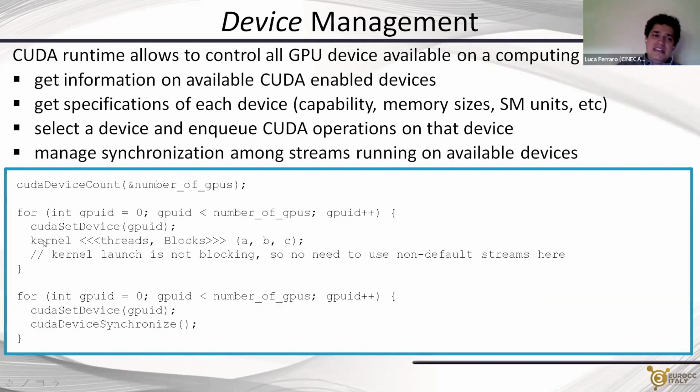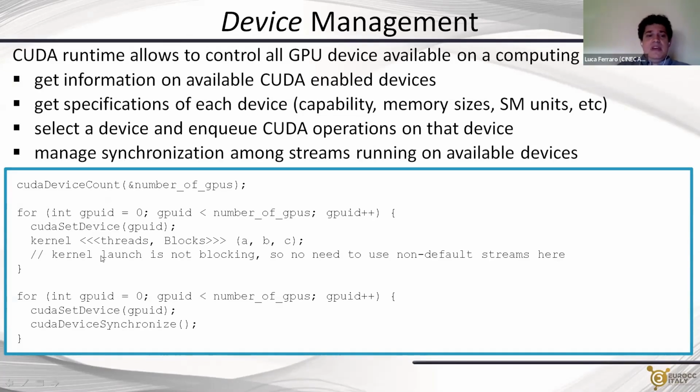Okay, all this is asynchronous. If you don't put any blocking operation, these orders will be given asynchronously to all your GPUs, and they will start processing your data concurrently on different devices.